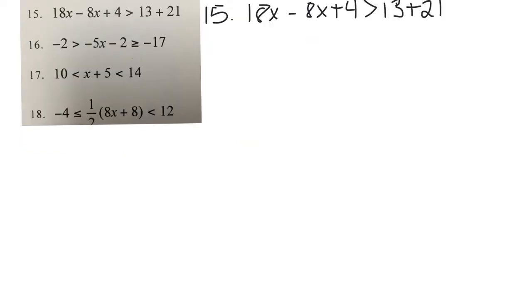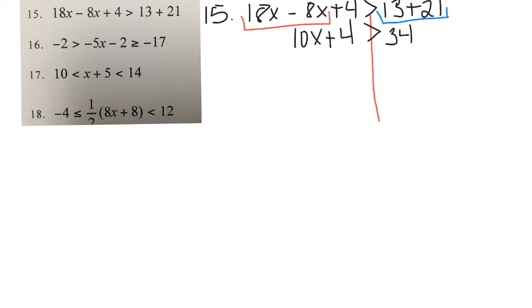All right, number 15, we're going to look for some like terms. Every time you see more than one x, more than one number on the same side of our inequality, we're looking at like terms, and we just combine them the way it says. So 18 minus 8x is just 10x plus the 4. And then our other like terms on this side are 13 plus 21, which is 34. And it's still greater than.